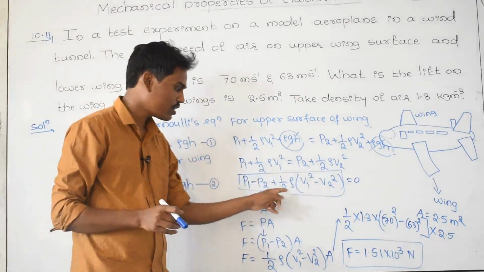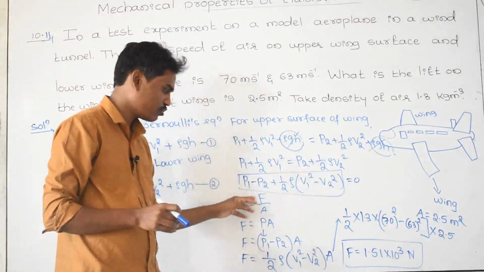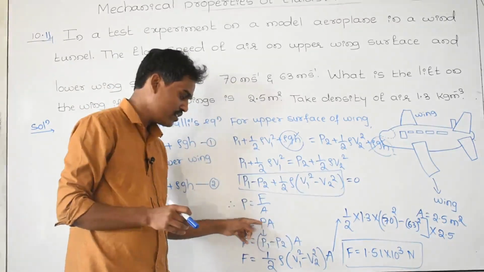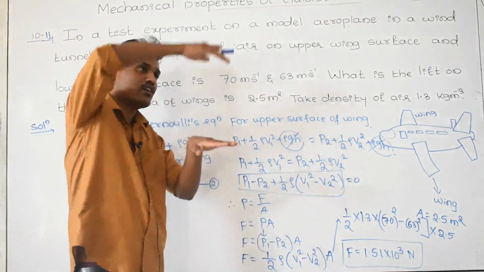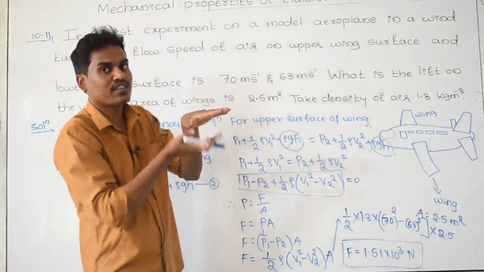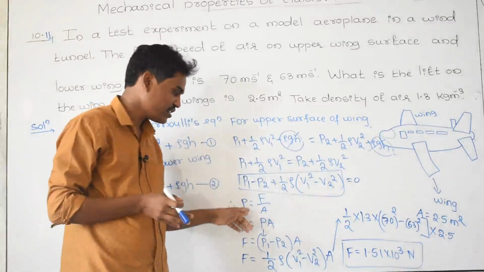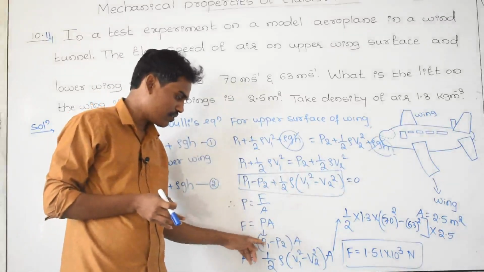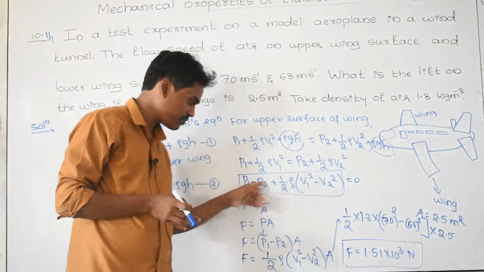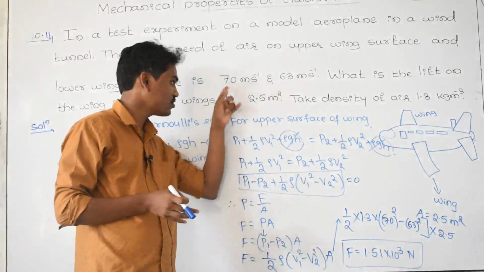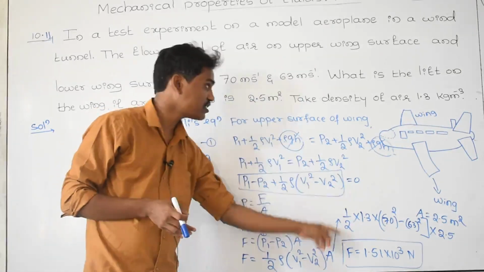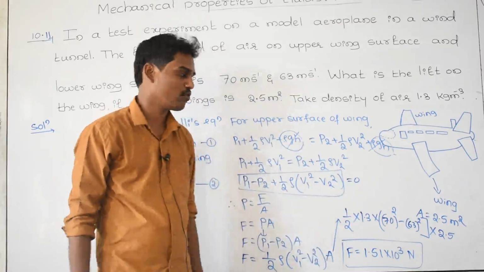V1 is this much, V2 is this much, substitute all the values. Pressure is equal to force per unit area, so lift or thrust is equal to pressure into A. The pressure is the difference of pressure, downward pressure P2 and upward pressure P1, so it is P1 minus P2 into A. Substitute the equation here, V1 squared, V2 squared, and the area, and find the answer.